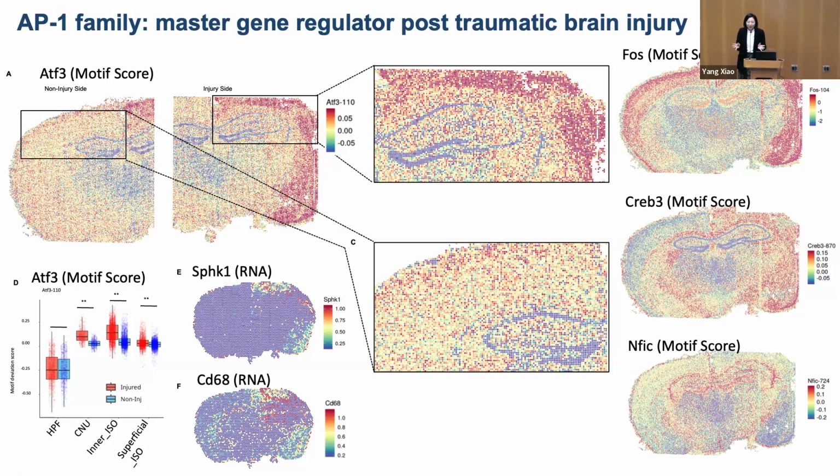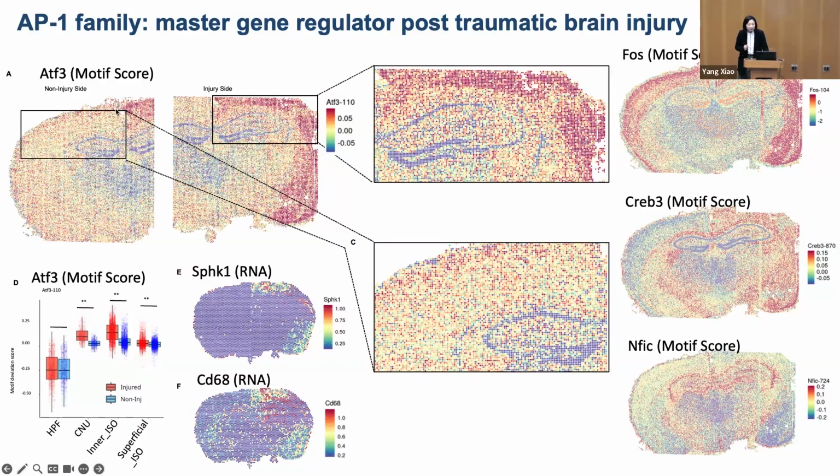So instead of looking at all of the non-coding region, we start with the transcription factor motif region so that we can know what is regulating the downstream genes. And for reference, we also look at CRABP3, which is another transcription factor, but does not have the asymmetric distribution as much as ATF3.